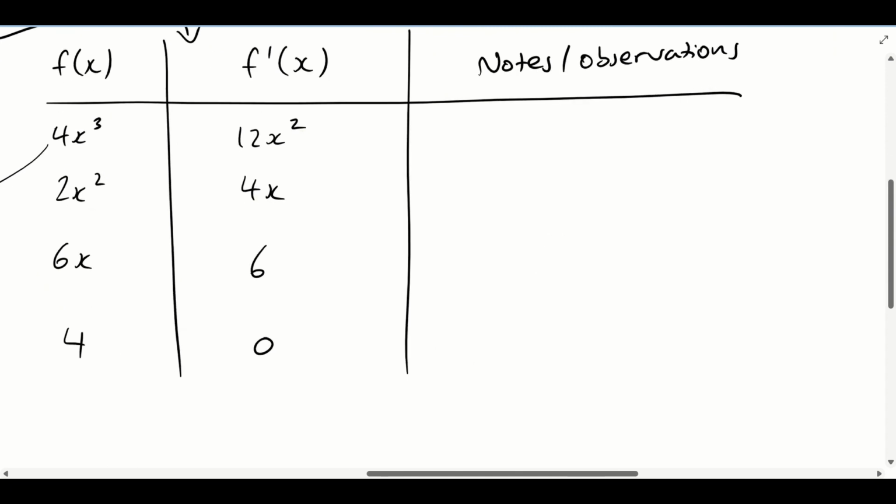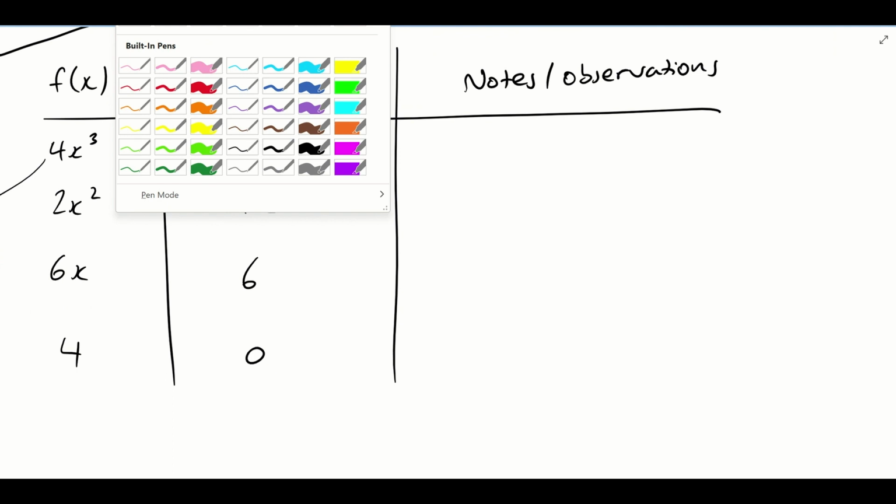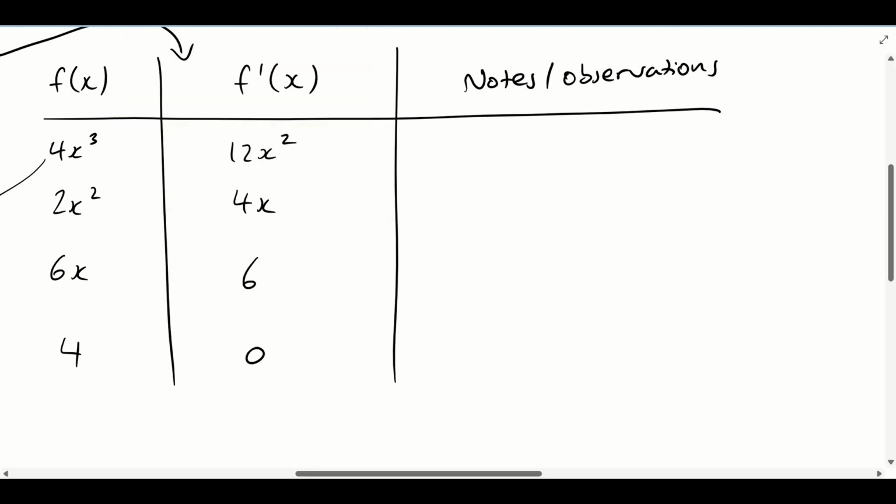But for now, let's see if there are any observations that we can pick up. I'm going to use a blue highlighter. This 12 here is a product of 4 multiplied by 3. And this 4 here is a product of this 2 multiplied by this 2.